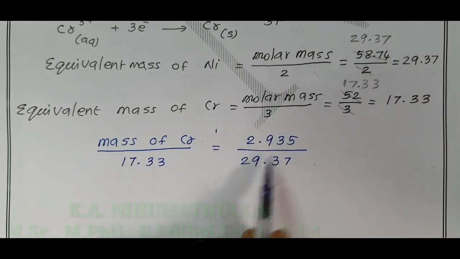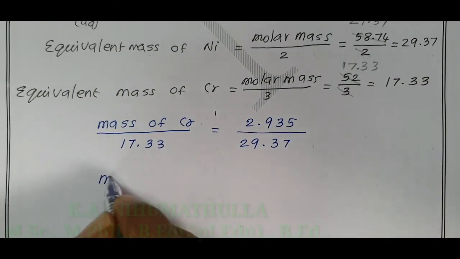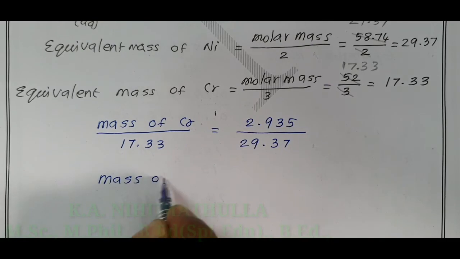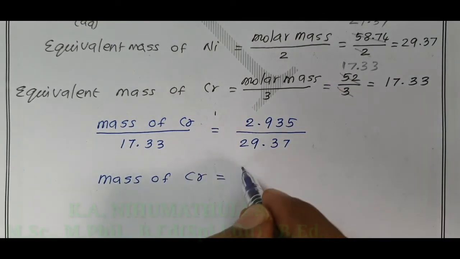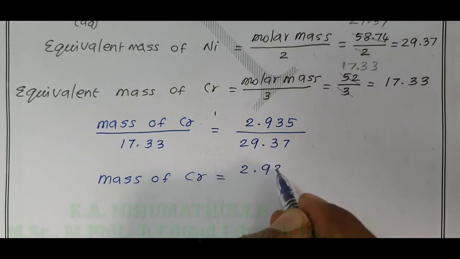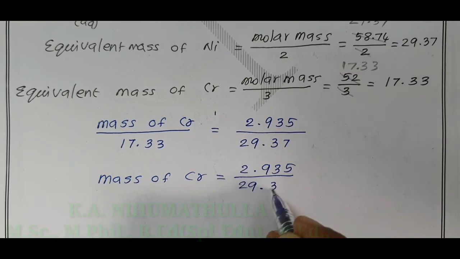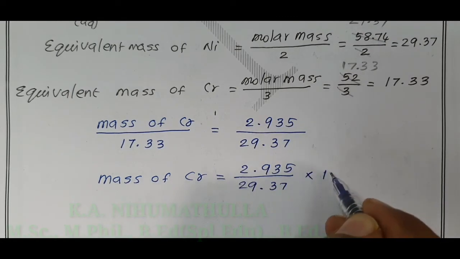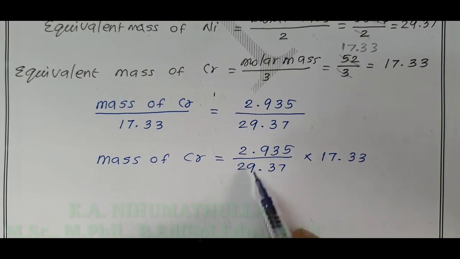See, both the values are equal. We can easily cancel. Or mass of chromium is equal to, bringing the value to the right hand side, 2.935 divided by 29.37 into 17.33. When you cancel these two, both values are equal, or if you have any doubt, you can convert this value into the same value.